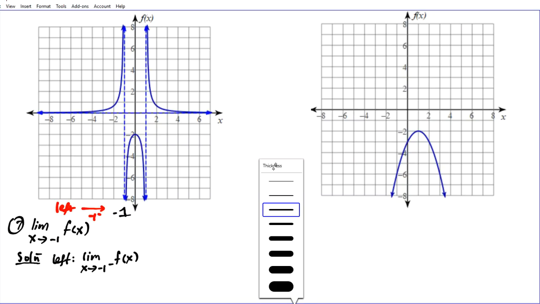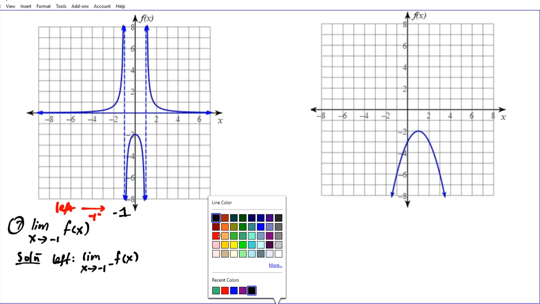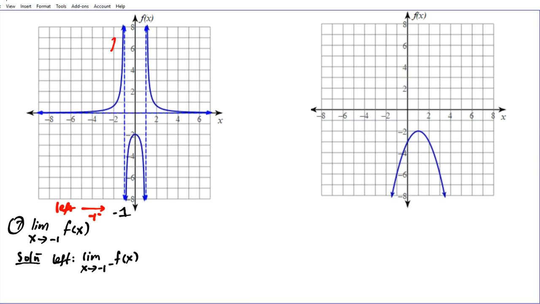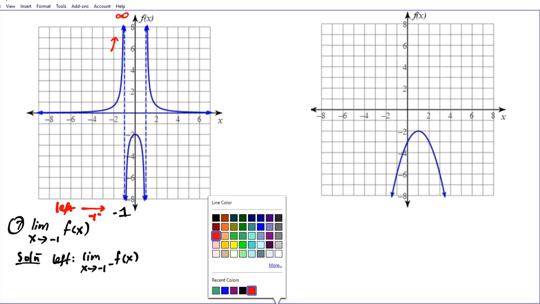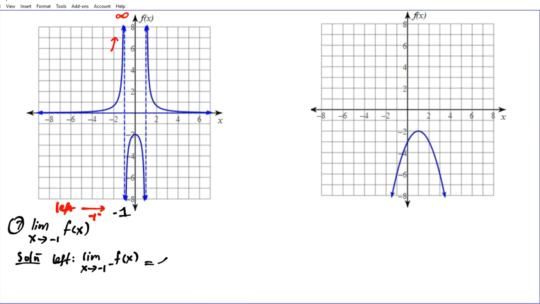In this particular case, we're approaching the vertical asymptote from the left direction. In that case, we're heading upwards towards infinity. So the left-handed limit here is simply going to be infinity, because to the left of negative 1, the function is tending upwards towards this vertical asymptote.